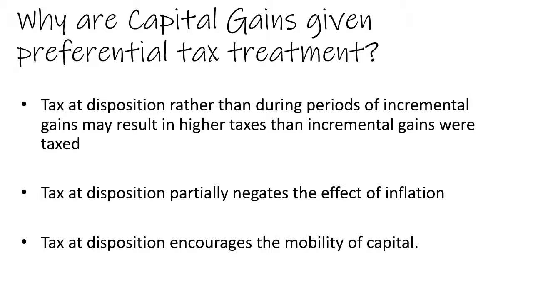And finally, tax at disposition encourages the mobility of capital. By taxing at a lower rate, it encourages investors to sell the assets, to make more money, and generate an income tax transaction. If the income tax rates were the same for both capital gains and for regular income, there'd be no incentive to sell stocks.